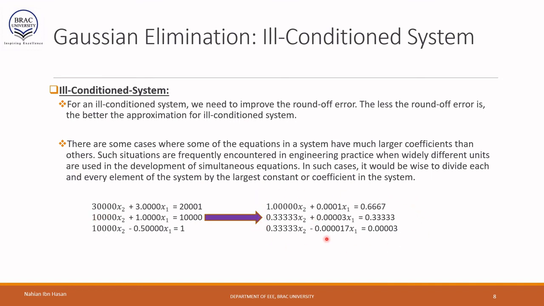Now see, the values are very small and within range. As a result, the values that you are going to find will be within the range, and it will be much easier for you to calculate with small values. So you can use this approach whenever you have large numbers in your system.